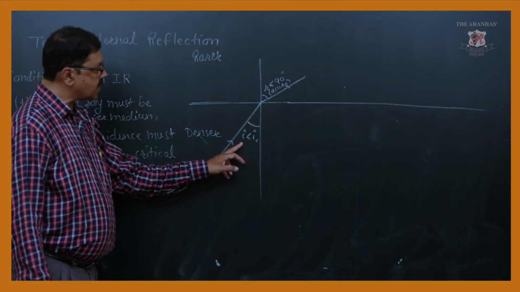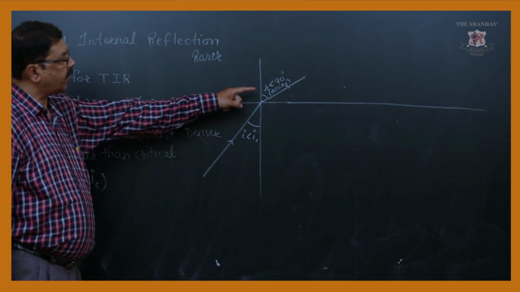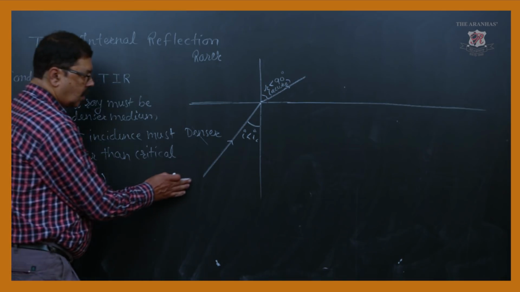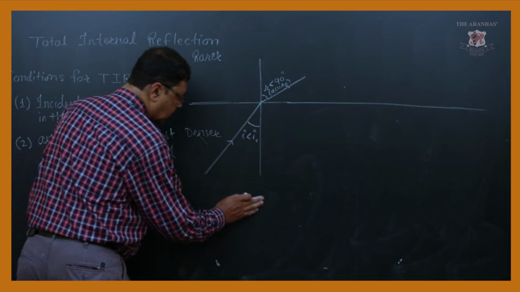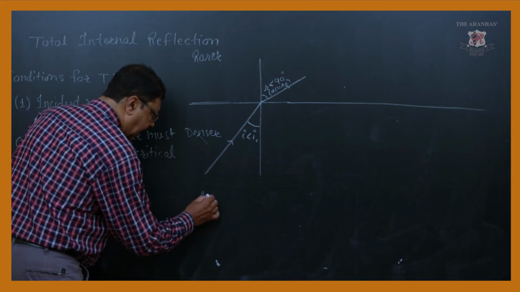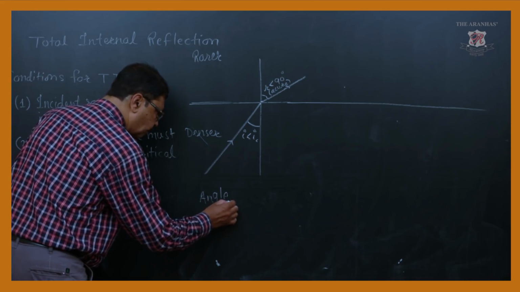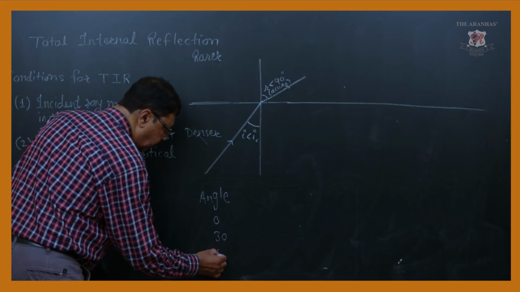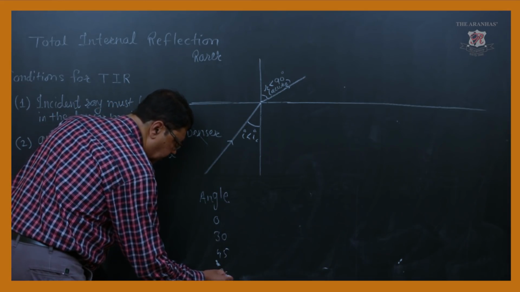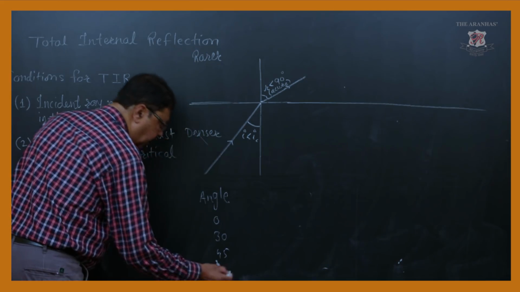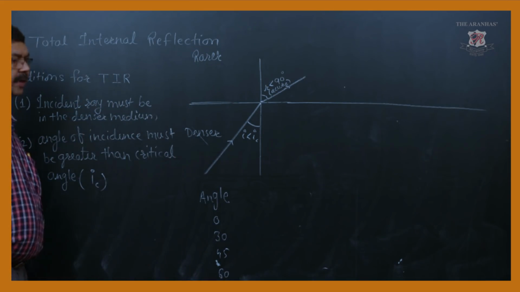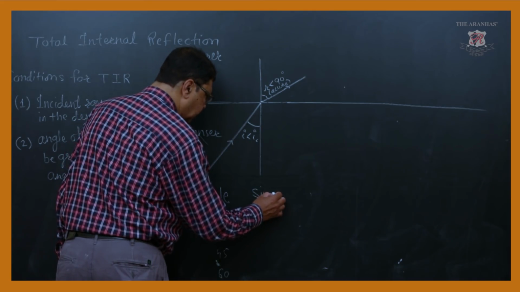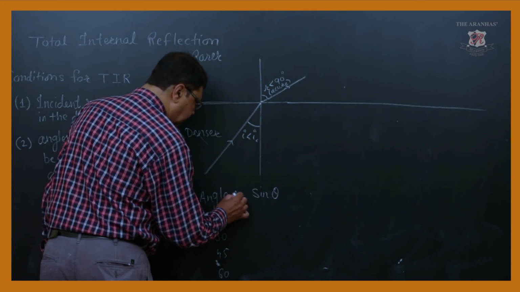Now if I increase angle of incidence, what you expect to happen to angle of refraction? See, I will write ratios here. I will write angle for understanding. Angle is say 0, 30, 45, 60 and 90. These are angles in degree. What is sine ratio of the angle? I will write angle theta.